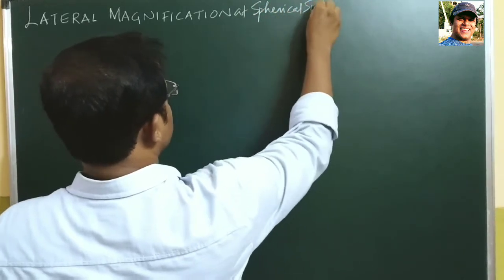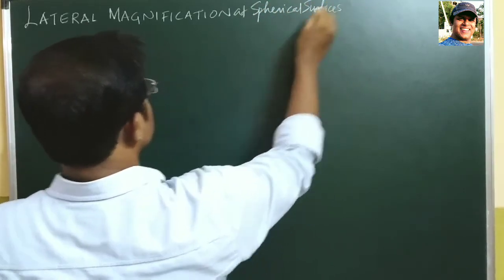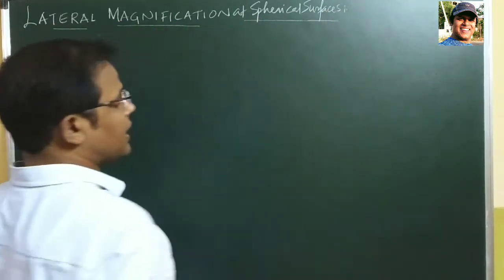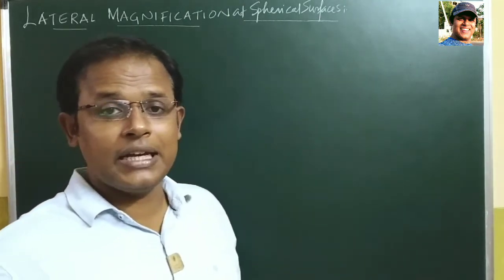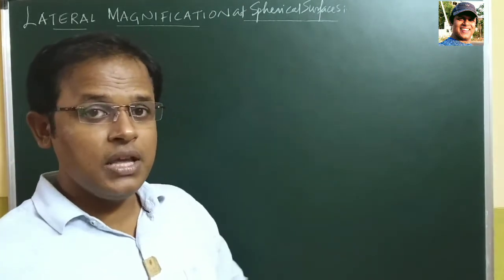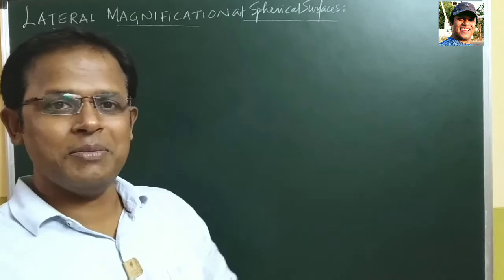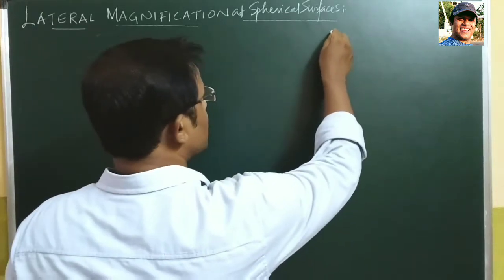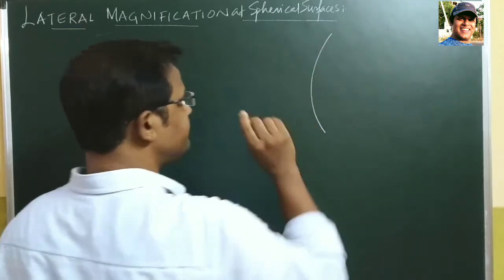So get ready for a beautiful derivation of this expression. How can you express the lateral magnification in terms of the refractive indices of the medium and the object distance and the image distance? You're going to get a beautiful relation. So let's get on to that. Why waste any time?